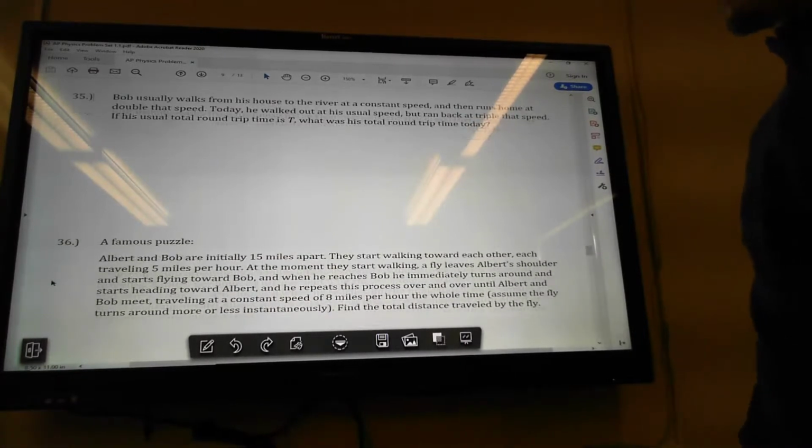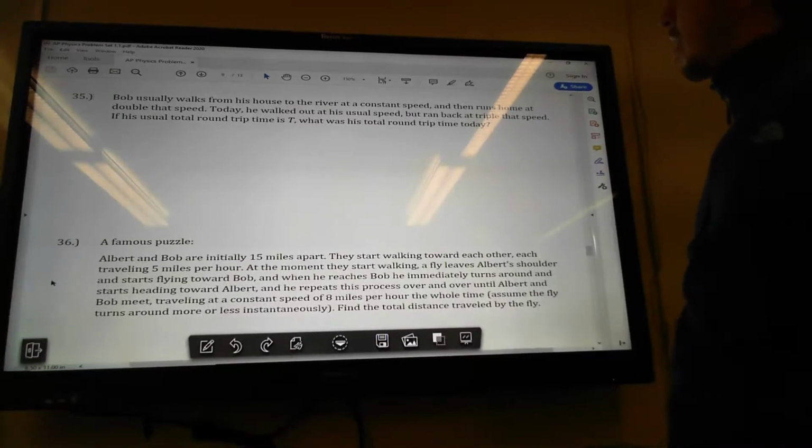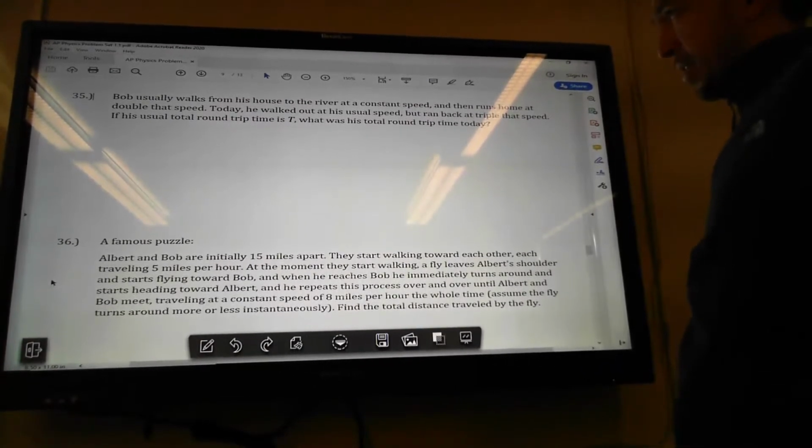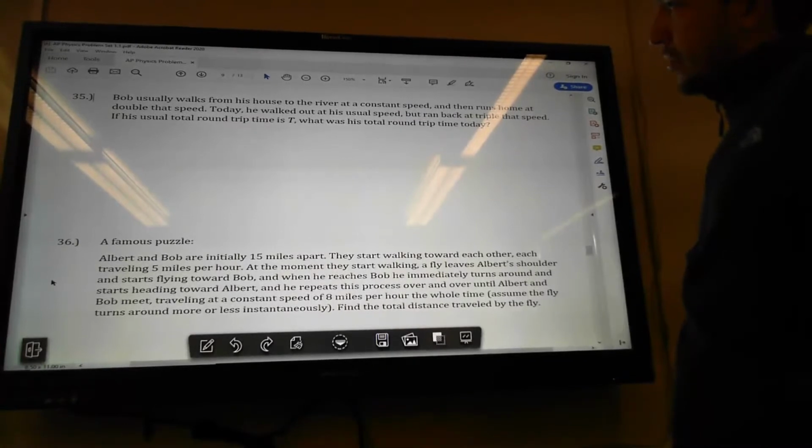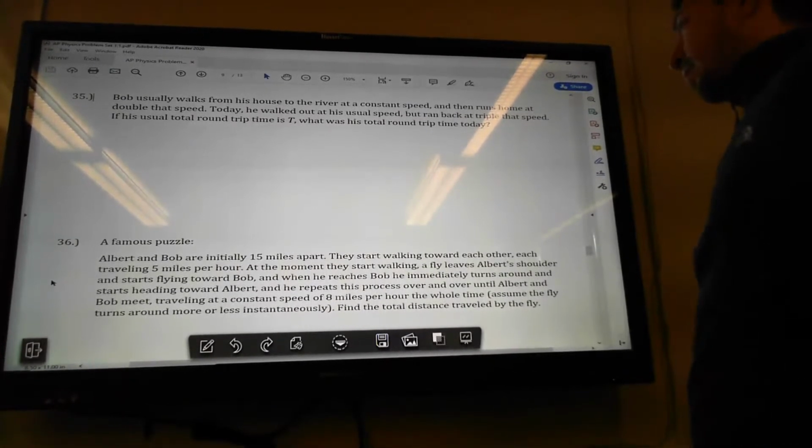So Bob usually walks from his house to the river at a constant speed and then runs home at double that speed. Today he walked out at his usual speed but ran back at triple that speed. If his usual total round trip time is t, what is his total round trip time today?